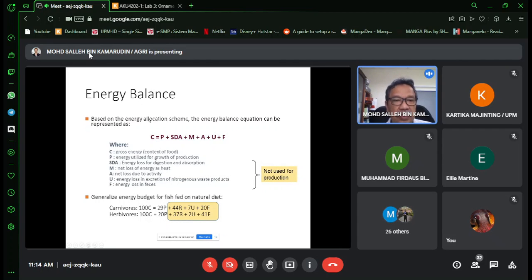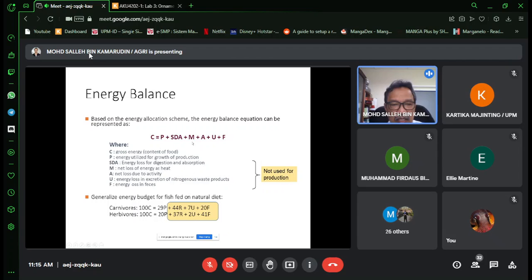And energy balance biasanya nak tengok daripada gross energy tu apa yang utilize for growth. So daripada gross energy ni berapa yang utilize for growth. Kerana ada daripada itu yang hilang sebagai digestion and absorption, ada tenaga yang hilang di sini.